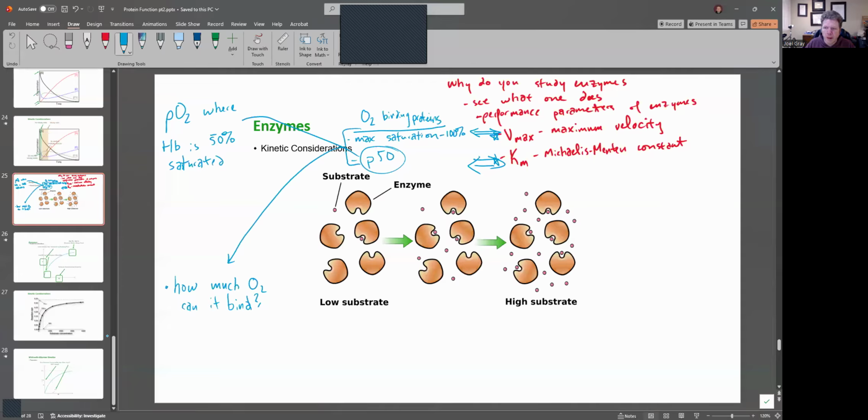Okay. Now, when we talk about P50, we're asking about the binding, but rather than saying how much can it bind, instead we're saying, how much O2 is required for 50% saturation.